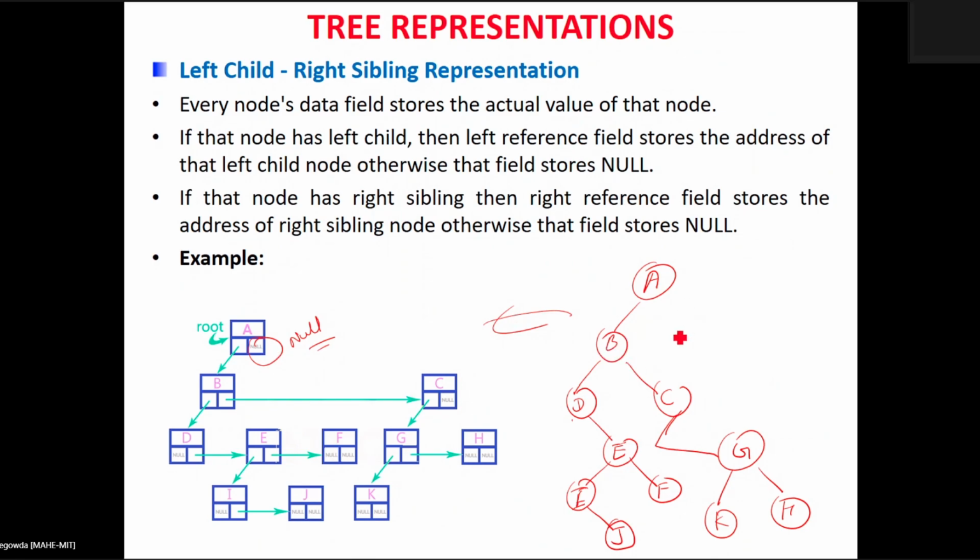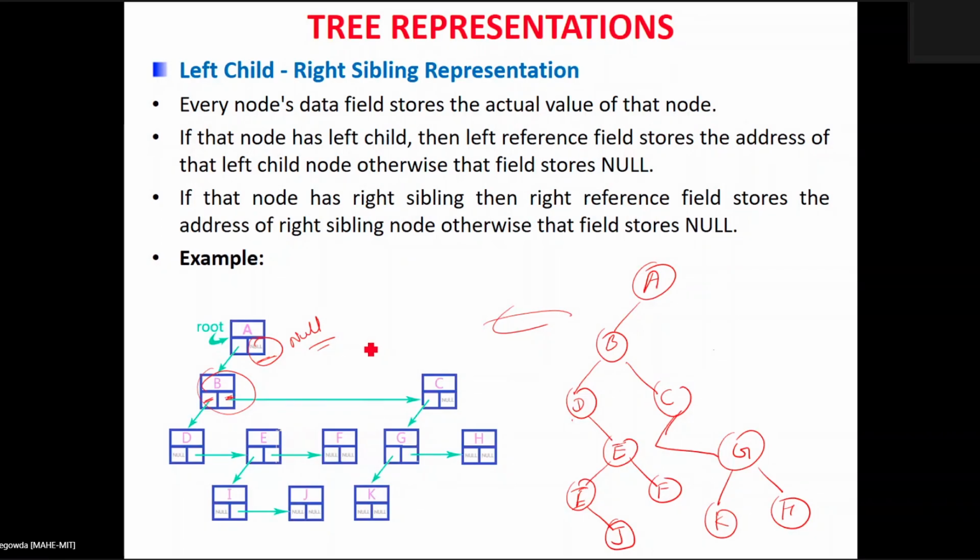The right child is absent here, that is empty, so you have to put a null value in this. If you look at node B here, node B is having both a right child and a left child, so these fields are used to hold the address of their children. Okay, so this is how we are going to represent the trees by using the left child and right sibling representation.